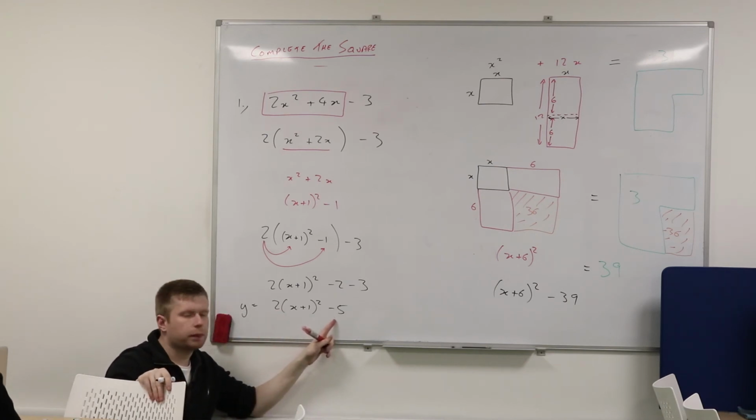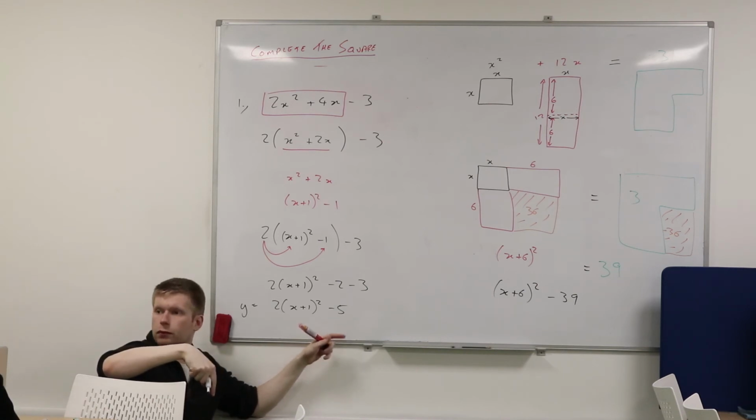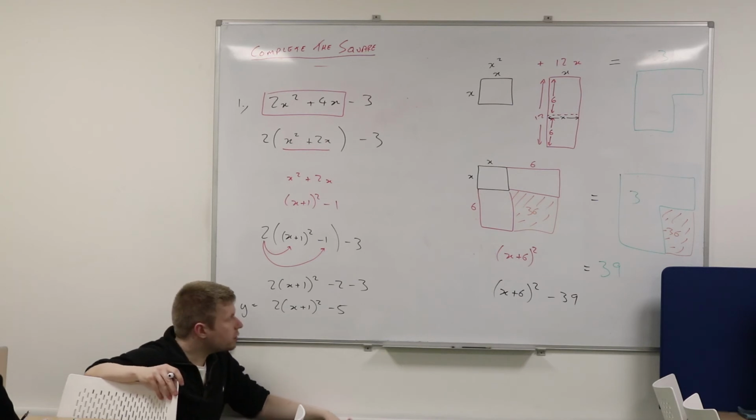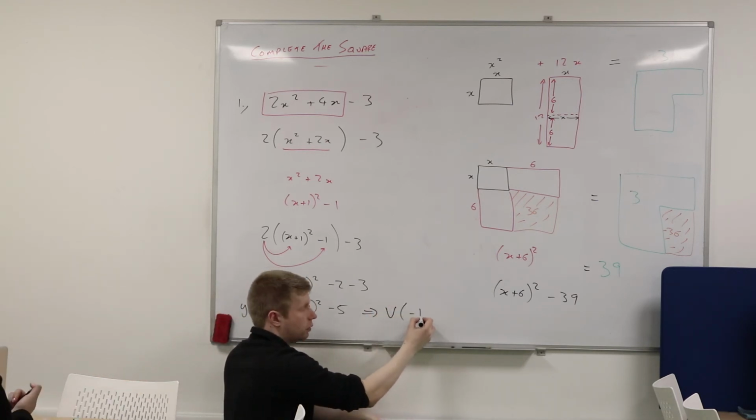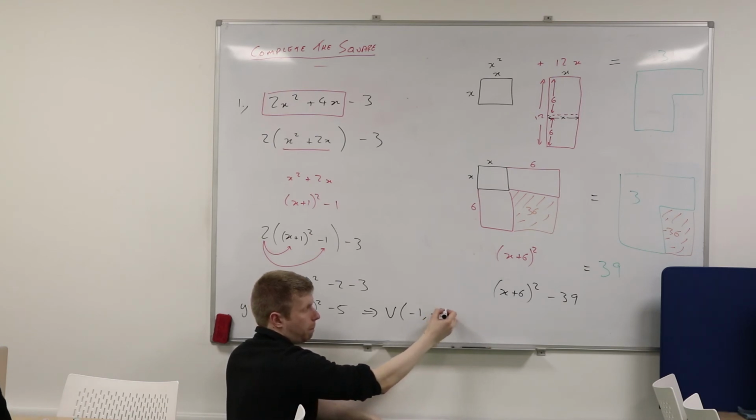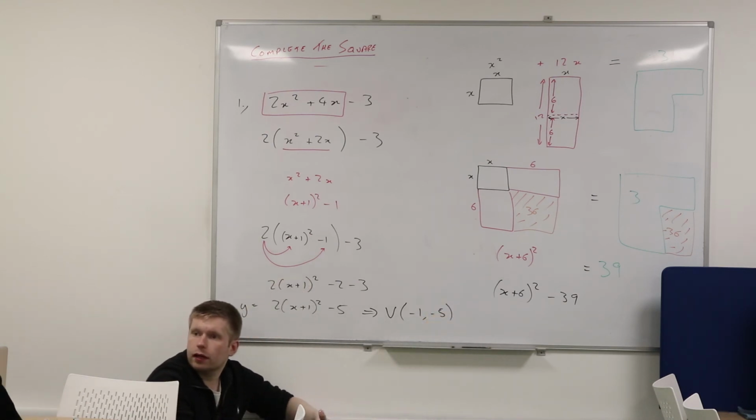So what's negative 5 doing? Shifting down. Shifting down by 5, right? So where's my vertex going to be? Negative 1, negative 5. Yeah, good. Does that make sense? Yeah? So don't worry about the fact there's a 2 there. It's exactly the same thing as what you're doing before.